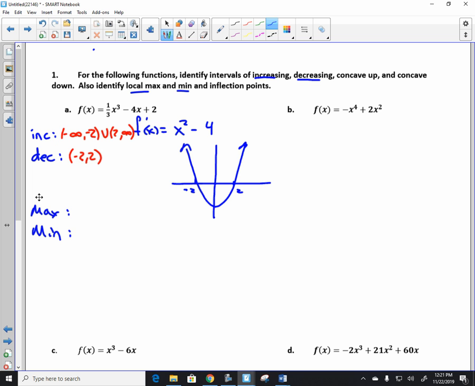A local maximum occurs when what? The derivative changes from positive to negative. Where does the derivative change from positive to negative? At -2.